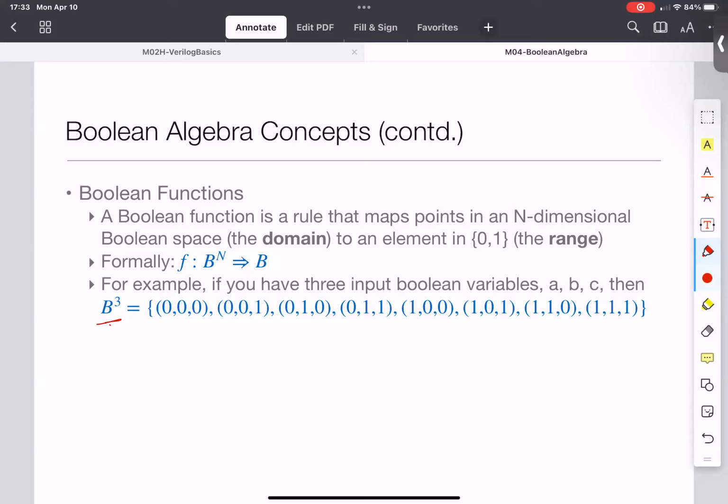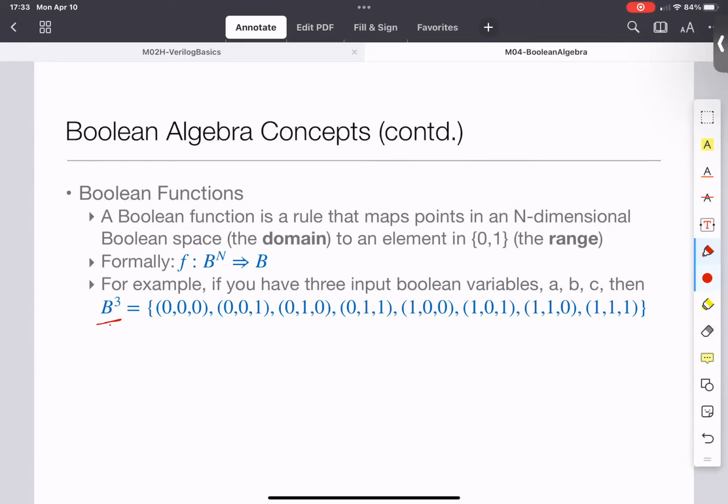Okay, so you can think of a Boolean function as a mapping, in this case from B^3 to B. Every point in my B^3, 8 points, is being mapped into one of the 2 points in the 1-dimensional Boolean space, right? So it's a map. It's a way of uniquely mapping every point in the input space, the input domain.